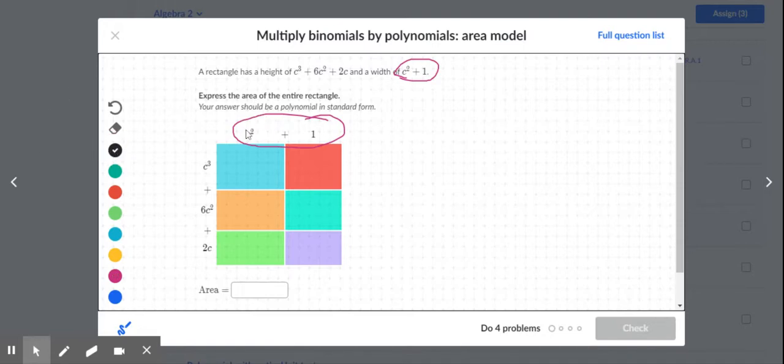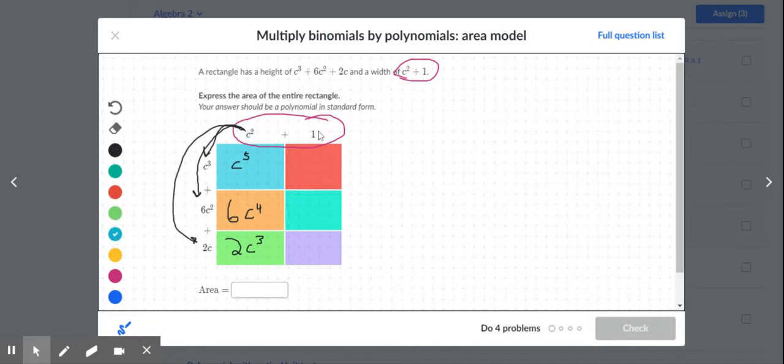So same thing applies here in this area model problem. We're going to take c squared times c to the third. Remember, we add the exponents. We're going to do the same thing down the list. So we get c to the fourth. Down here, we get 2c to the third.